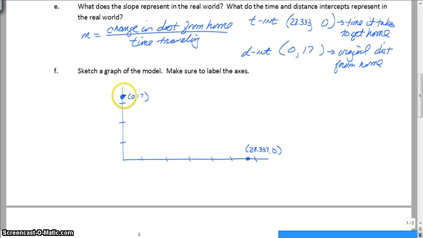And we just need to sketch a little line. We don't need to go negative because obviously once we get home, we're home and we can't make time go backwards. And it says make sure we label the axes. So these are time. And this is our distance from home. And that's a little sketch, okay? It didn't say you had to do anything crazy fancy with it. It just asked you to sketch it and label your axes. And you might want to tell me that you are going up by 5s, and notice we went a little bit beyond it. That's fine. It doesn't need to be perfect.